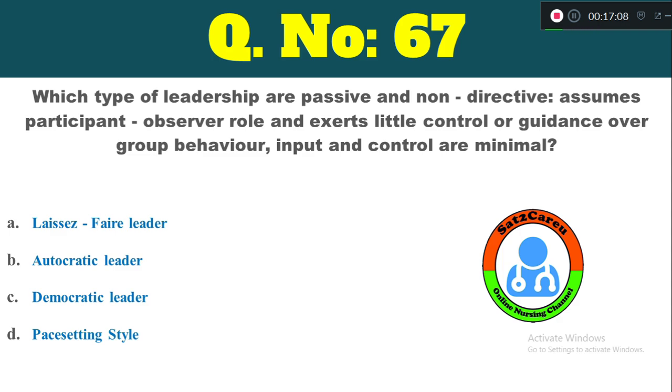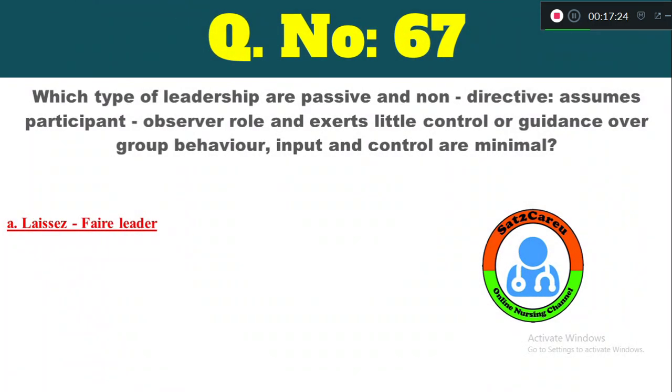Option B, autocratic leadership style. Option C, that is democratic leadership style. Option D is the pace setting style. So the leadership style which is passive and non-directive comes under option A, laissez-faire leadership style.